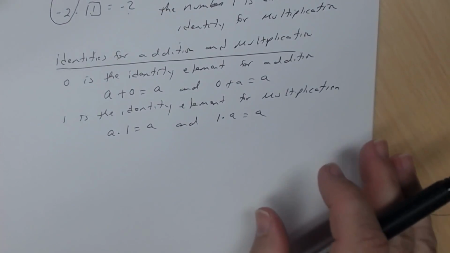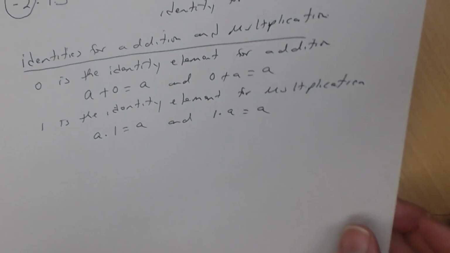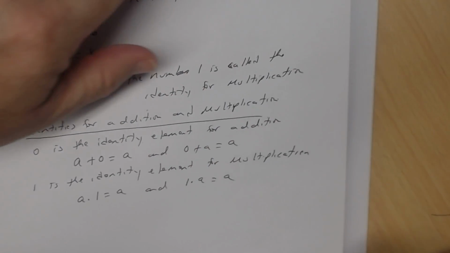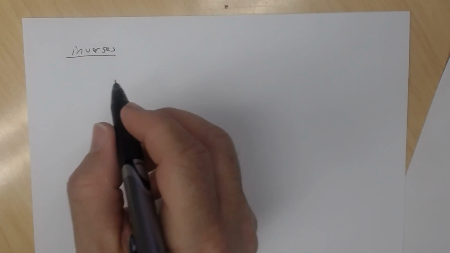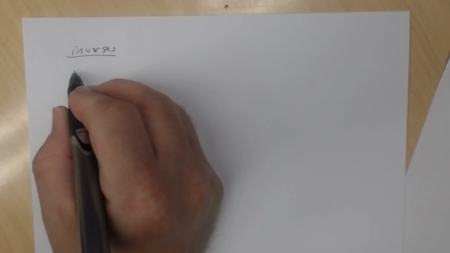All right, so let's look at the idea of additive inverse. We talked about identities. Now let's talk about inverses. So now we're going to talk about inverses. Okay, so there's something called an additive inverse.